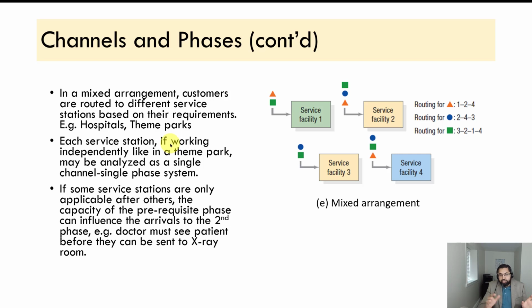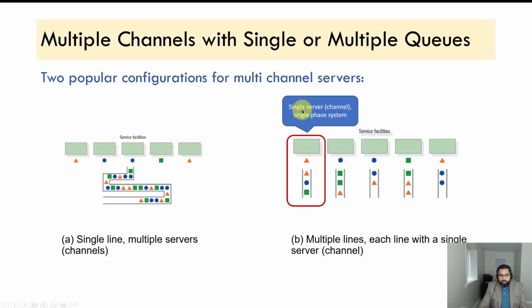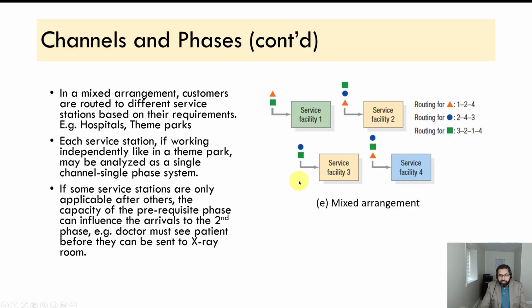There's no rules like that. Each ride is independent. You can just go to that ride, queue up in front of that ride, and be served by that ride. So you basically have a whole bunch of single server, single phase systems located throughout the park, and you can analyze each system independently. But if you do have dependence between them, like in a hospital, then you would have to use simulation to analyze them.